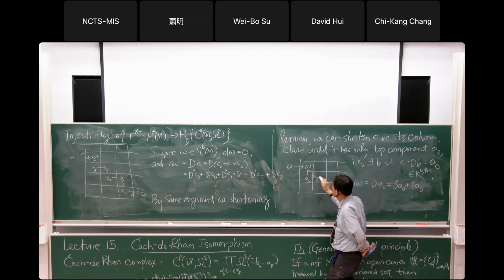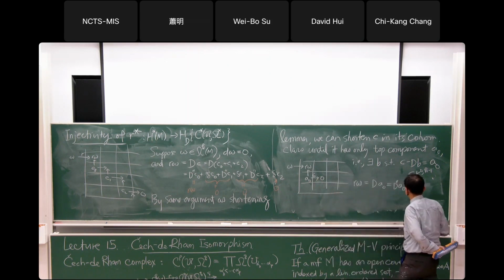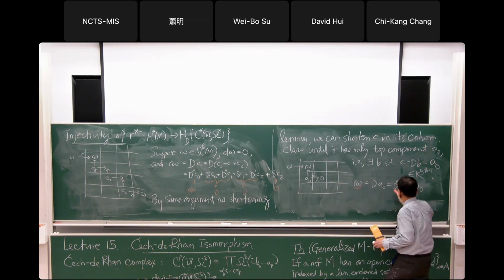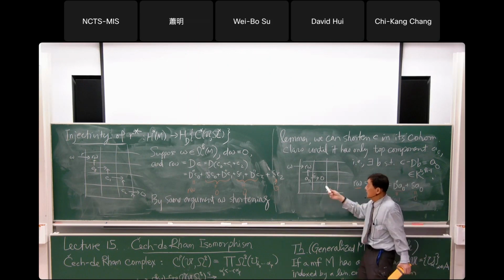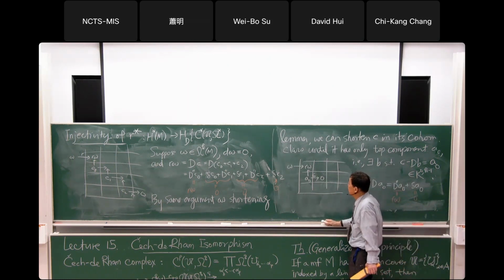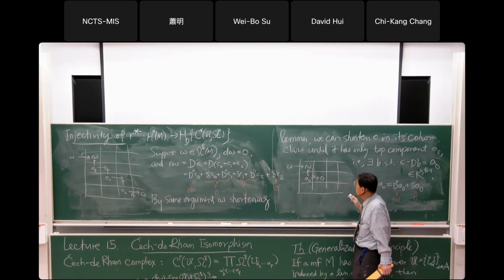So that means delta of A0 has to be 0. This part is just this part, this is R omega, and so this part has to be 0. It's clear from the picture. And then you know that the augmented rows are exact.